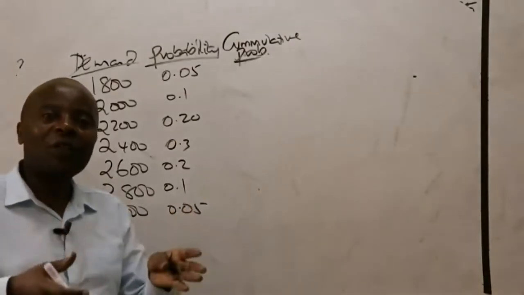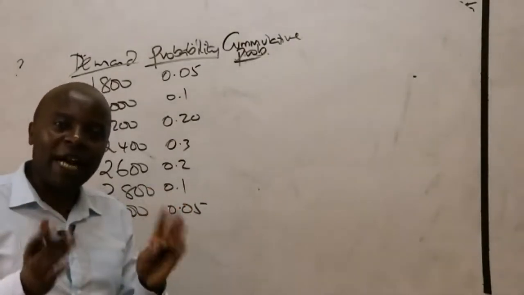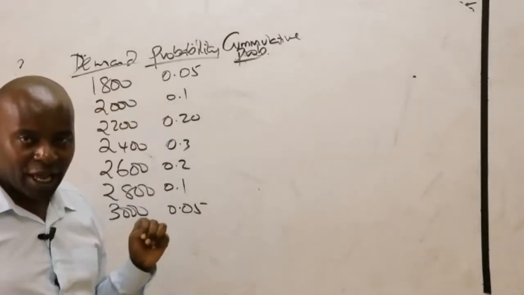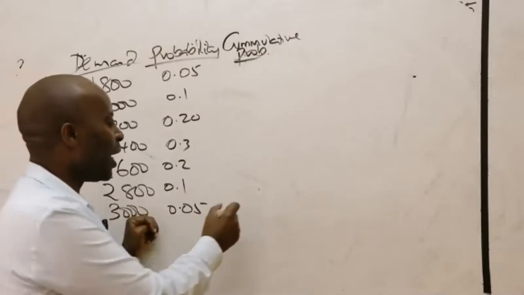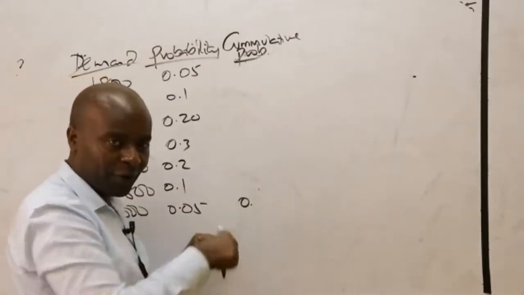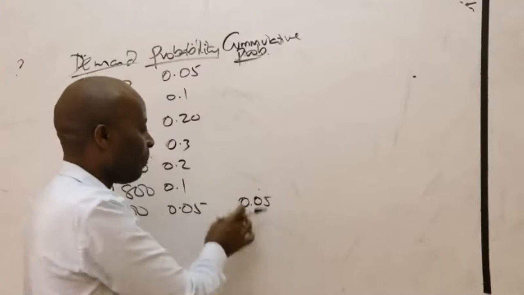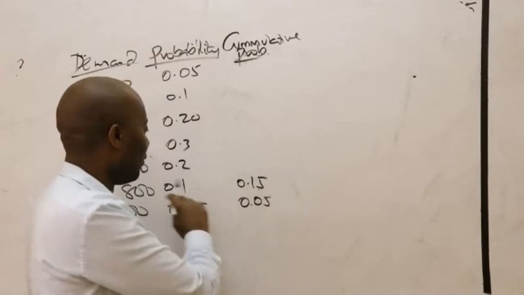So here, the cumulative probabilities will be done in an orthodox way, upwards. So you can grab your column very fast. We start getting them afresh. So we have 0.05 upwards, 0.15 upwards.